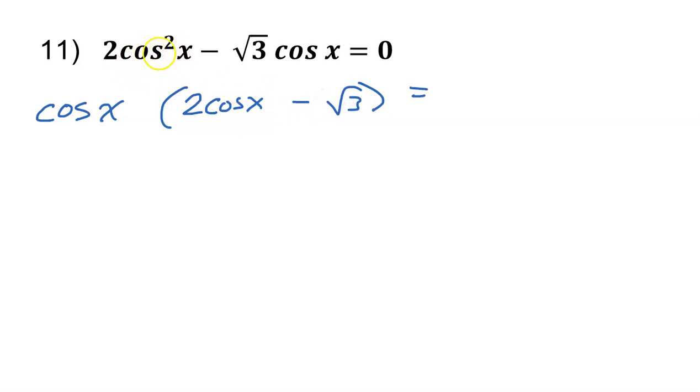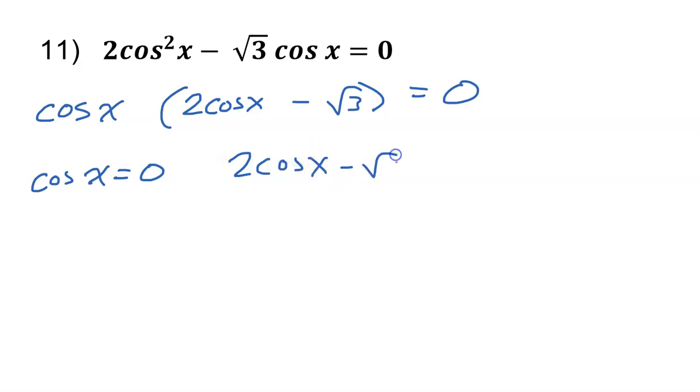All right, I took one of the cosines away from here, and I took this cosine and I put it back here. Now I can use my zero product property. When something times something equals 0, you set each factor equal to 0, and you will get solutions from each mini equation. So set each of these equal to 0.